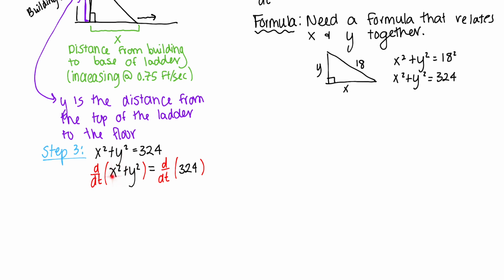So remembering, we're not using x like normal. X is a function of time because x is increasing over time. So we need to do chain rule on x and chain rule on y. So we're doing implicit with both of those. So the derivative of x squared would be 2x dx dt plus 2y dy dt. And then the derivative of a constant is 0.